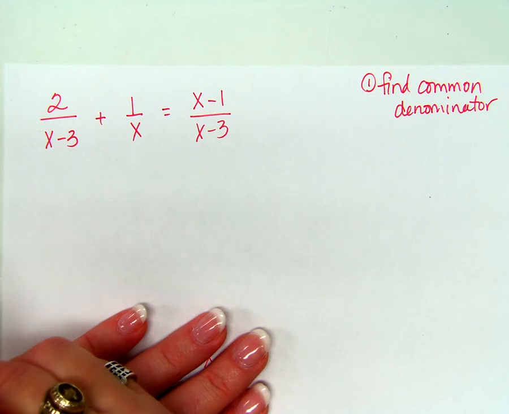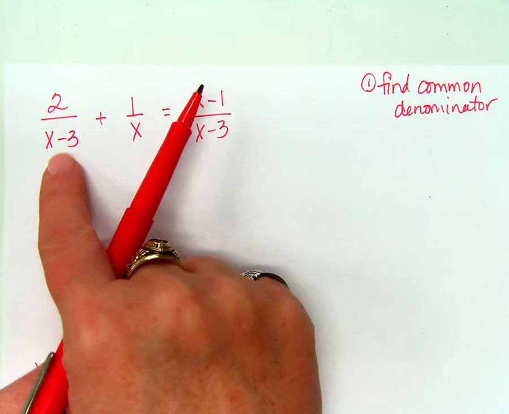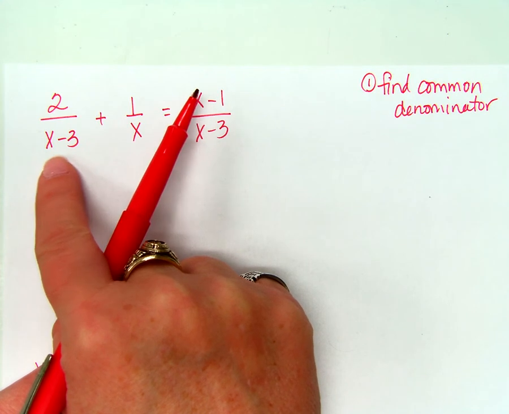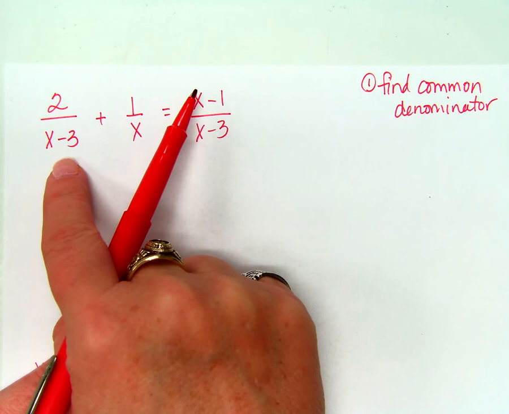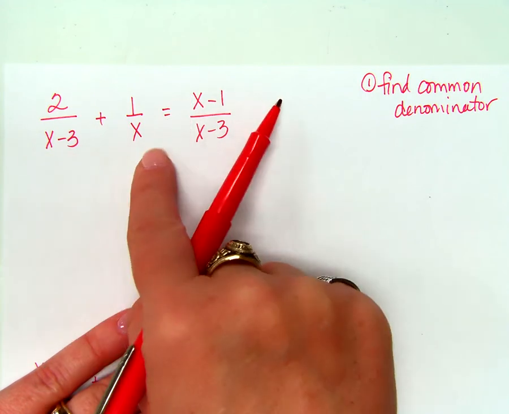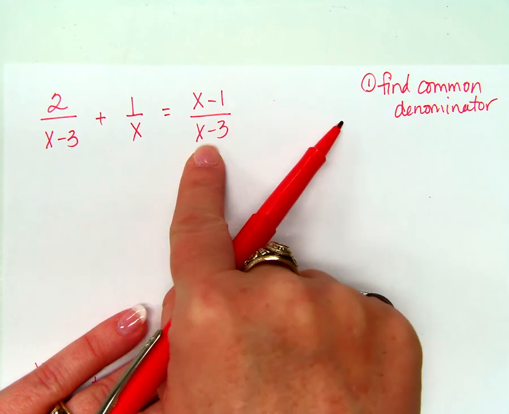How did we think through this yesterday? What is this denominator? X minus 3, right? Can I factor it? No. That's the lowest it can go, okay? Can I factor this? No.